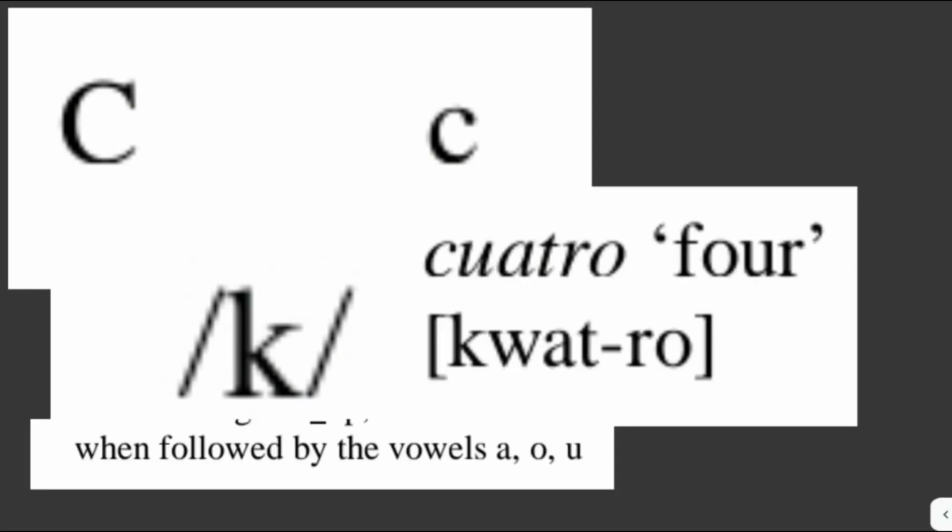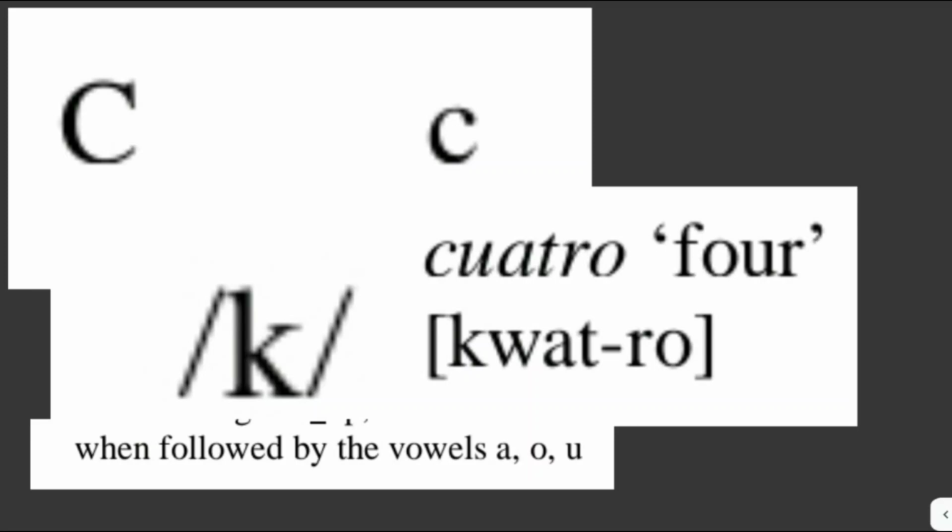So it depends on which vowels it follows, or say for example, when it is followed by the vowels A, O, U. So when the letter C is followed by the vowels A, O, U, you pronounce it as ka, ka, as in cuatro, cuatro, which means four.